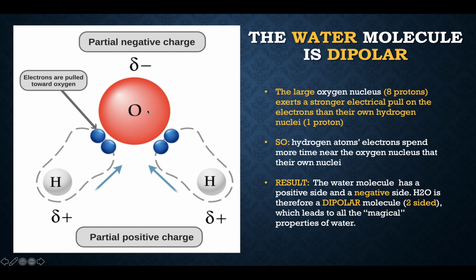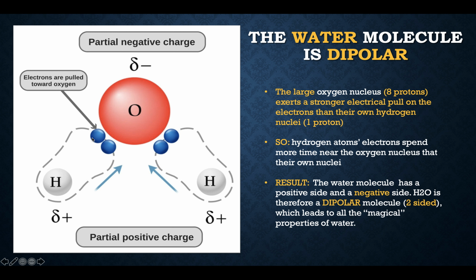As a result, this is what makes the water molecule so unique, that other molecules don't have. Because of this strong difference, you get a partial negative side of the water molecule and a partial positively charged side of the water molecule.